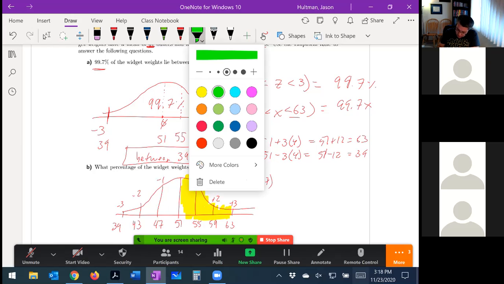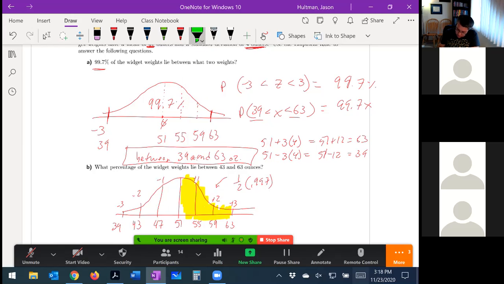The shaded green is only going to go down to 2. So that's 1/2 of 95%, because that goes down to 2. So it's just the lower half, which is going to be 47.5.